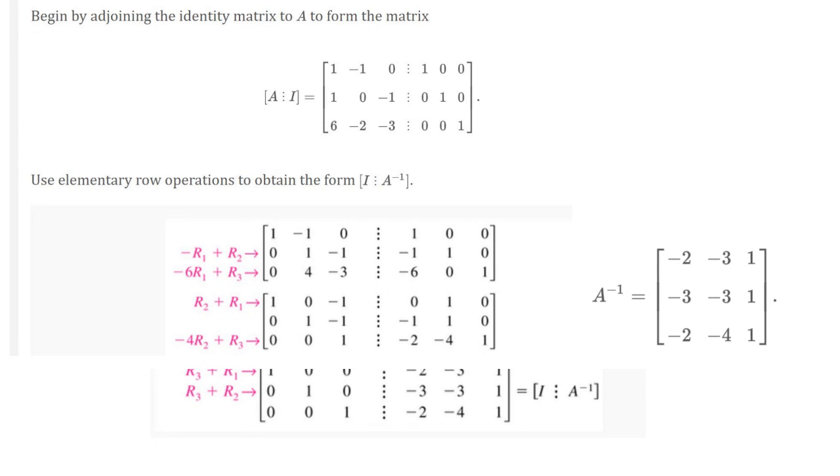So here we have -2, -3, and 1. Let me just put the numbers here first, and then I will share my screen.